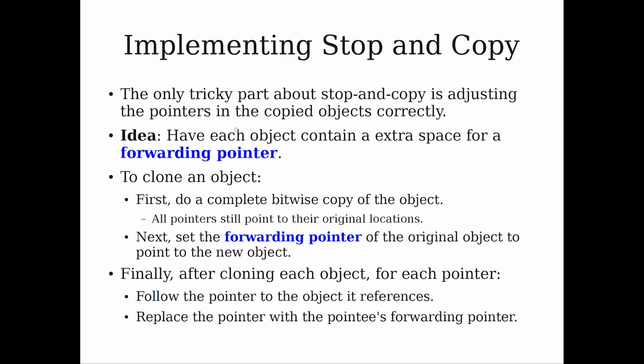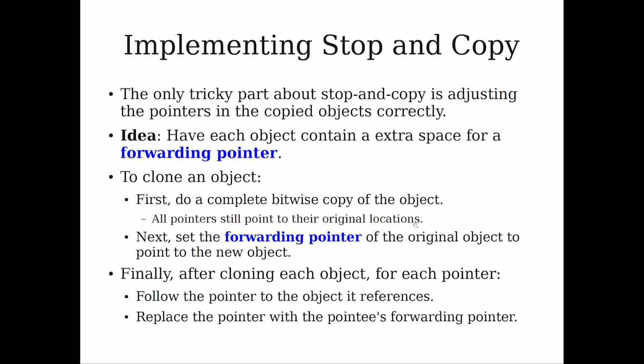So how do we implement this manipulation of pointers? Basically we have in each object some extra space which can hold a pointer. When we copy objects, initially we don't take care of manipulating these objects and their addresses. First we just do a blind copy of objects from old space to new space. All pointers still point to their original locations.